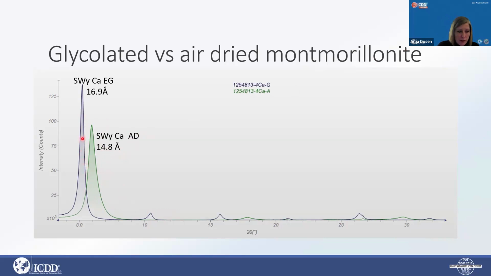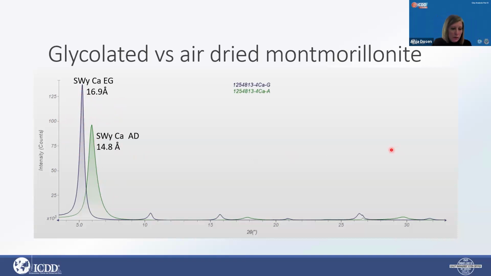After this clay had been glycolated, the interlayer spacing increases to almost 17 angstroms. So it increases a lot, about two angstroms. And as I pointed out, the larger the D spacing, the smaller the 2 theta. So once we increase our D spacing, we will see a shift towards lower 2 theta.